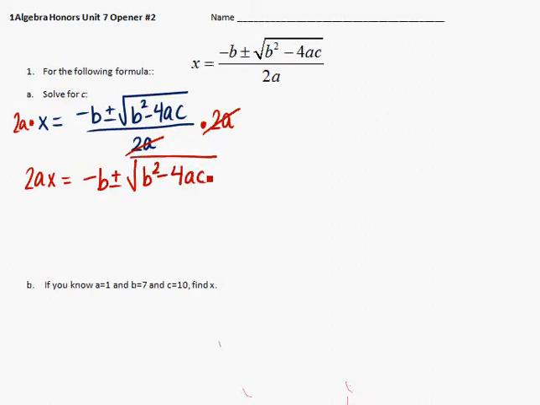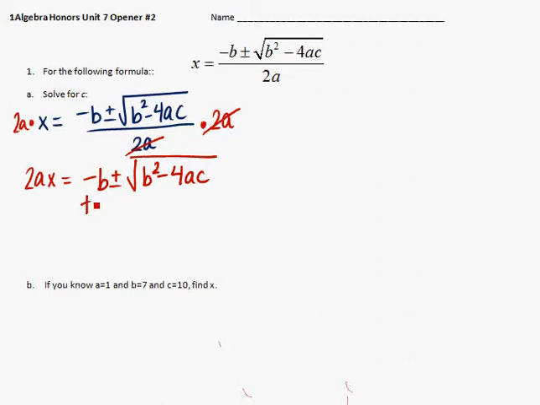Since the c is underneath the square root, I'm going to save that part for last, and the next thing that I'm going to try to do is to get rid of this opposite b. You might be confused by the plus or minus right here, but this symbol actually has nothing to do with what we're going to do next. If we want to try to cancel out this b, the only thing that we have to worry about is the sign that comes before it. Since this is a negative sign, if we're trying to cancel it out, we have to do the opposite.